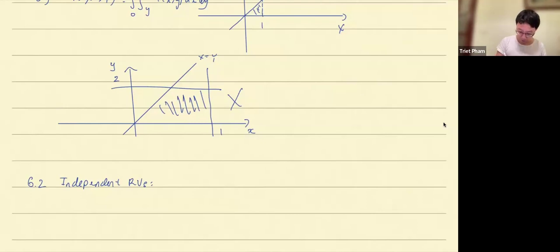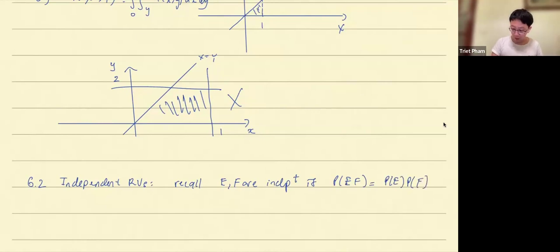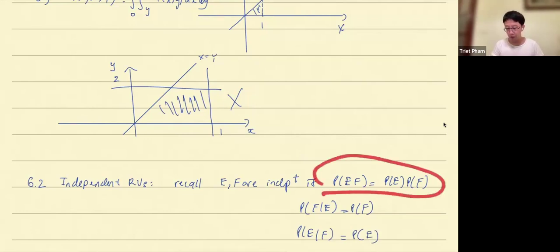So recall that two events E and F are independent if the probability of E and F is the probability of E times the probability of F. And you can also have the conditional version, where basically conditioning has no effect on probabilities.